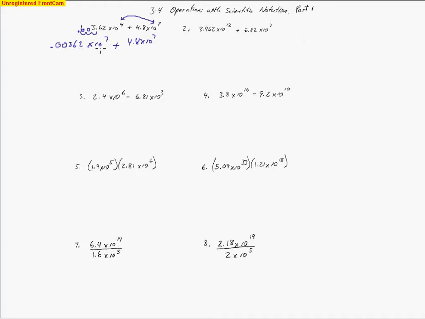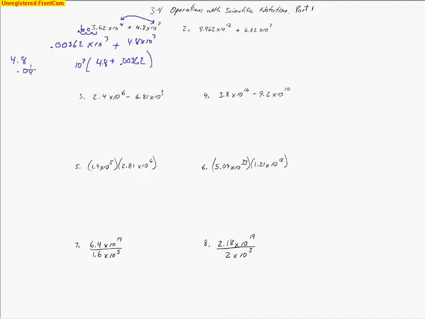So the reason we can do that is because they have the same factor. They have the same power of 10. So basically what you're doing is using the distributive property. And we're distributing out that 10 to the 7th. We're factoring that out. And I'm going to add these two numbers, 4.8 plus the 0.00362. And so the key is to line up decimals as you add. And so I have to line up those decimals.